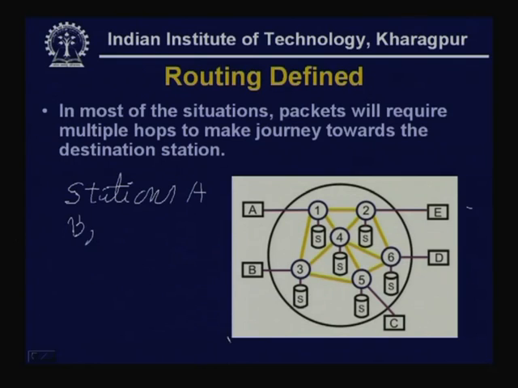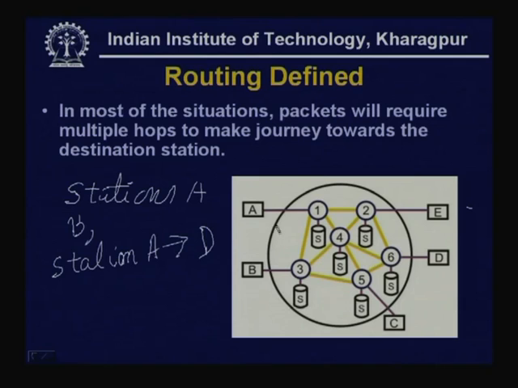connected to other stations. And as we can see, suppose station A wants to send a packet to, say, station D. In such a case, as you can see from this switched communication network, there is no direct path, or in other words, A is not directly connected to station D, or in other words, both of them are not connected to the same node.